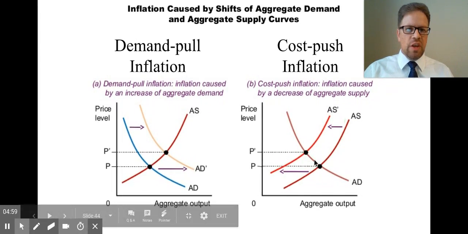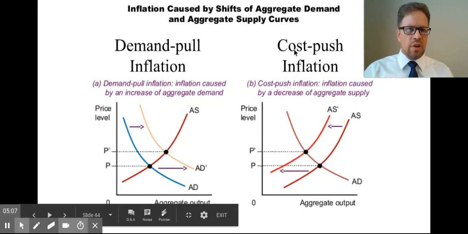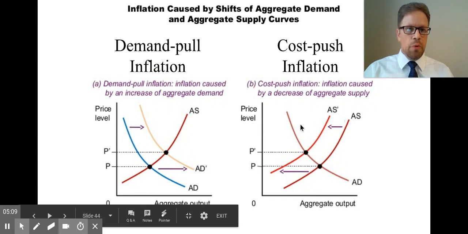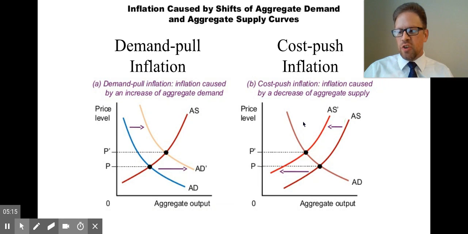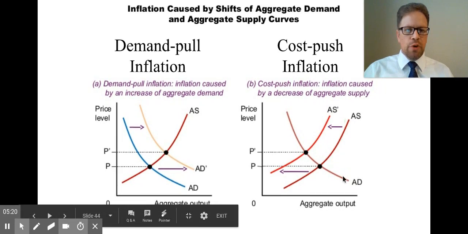By shifting to the left, the now higher costs have pushed prices up to a higher level. It's clever because costs are causing prices to be pushed up. Oh, funny. Now, cost push inflation may result from the effects of monopolization or from supply shocks. Should point out, cost push is a lot worse for the economy overall than demand pull inflation.